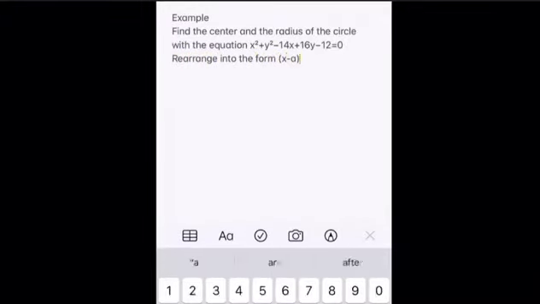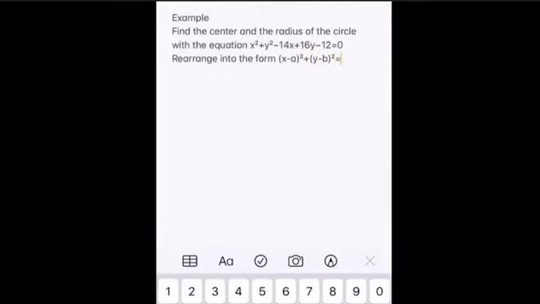So firstly, we will group all the x with x and y with y, and then we will complete the square, which is (x minus 7) squared minus 49 plus (y plus 8) squared minus 64, and don't forget the last term, which is minus 12.